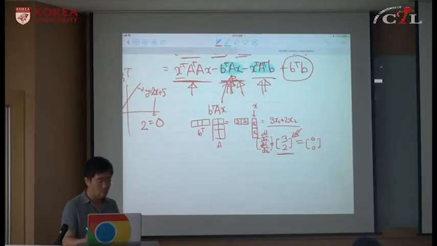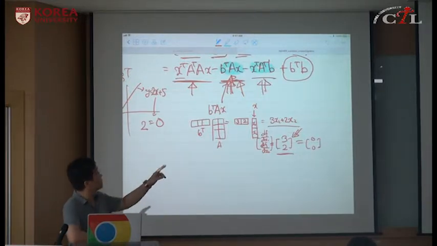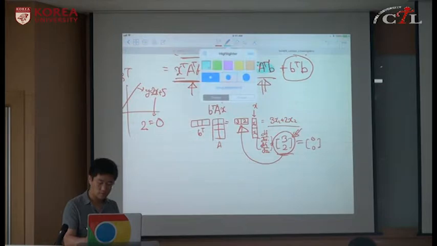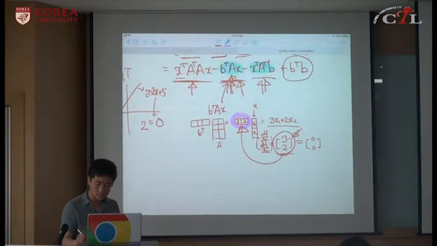Anyways, we obtain the partial gradient at this point. We have this term, but we have some other terms, like this guy and that guy. How can we obtain this guy, 3 and 2? This guy is basically the transpose of this guy. So this part will be this part, and that part is coming from this part.